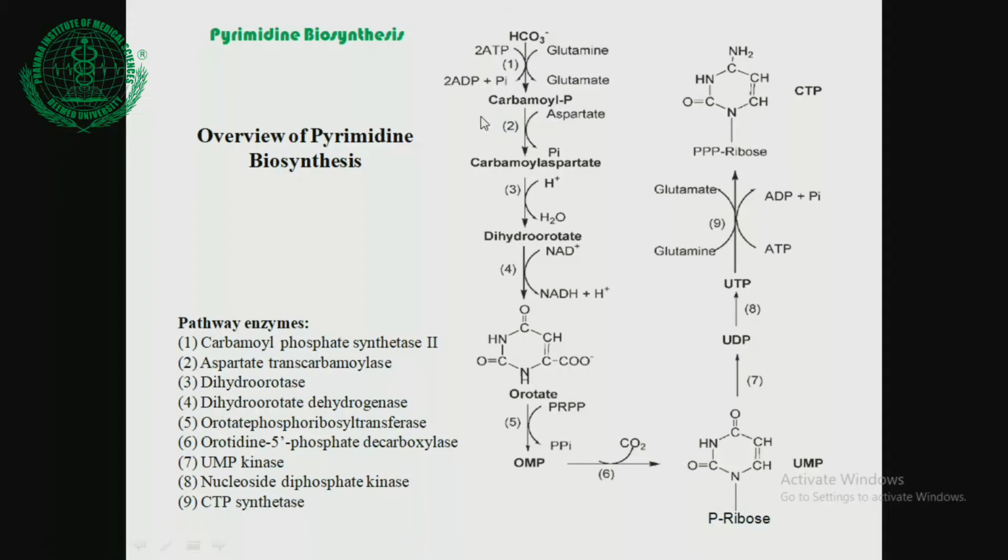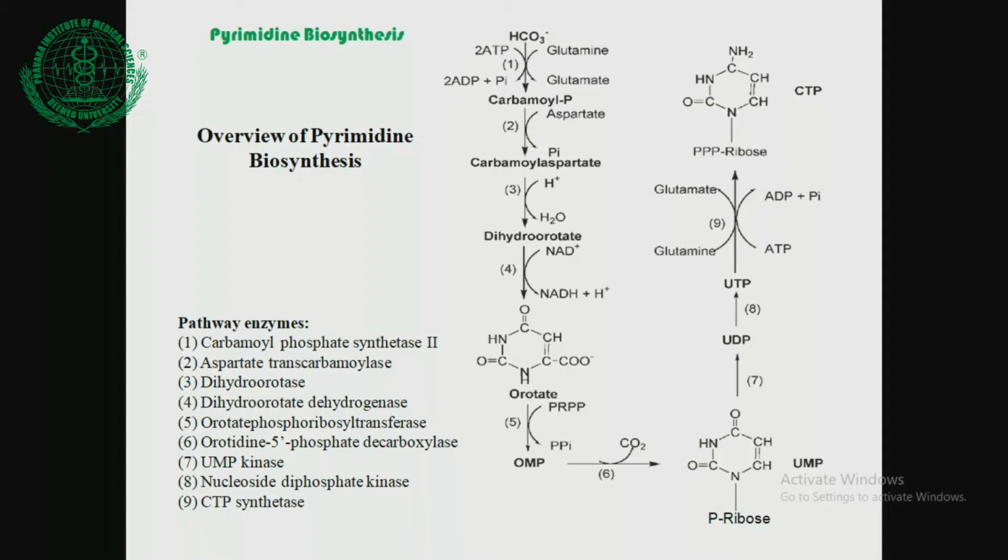In the next step, aspartate participates in the reaction and condenses with carbamoyl phosphate and gives a product called carbamoyl aspartate. The step is mediated by aspartate transcarbamylase.